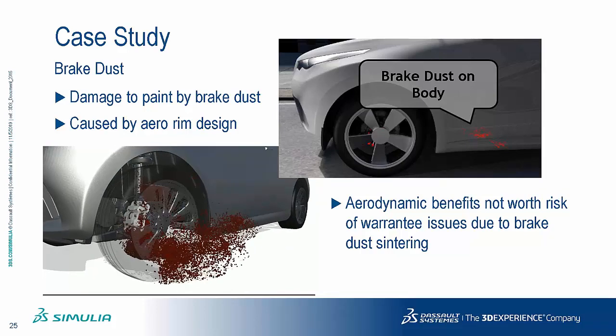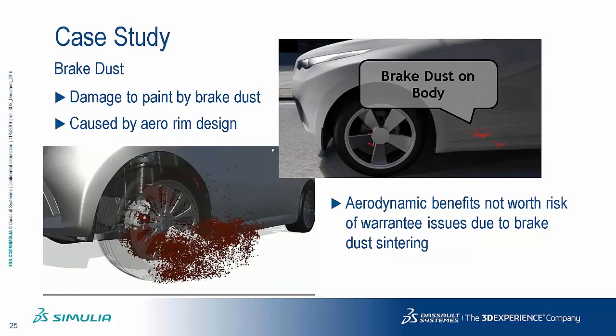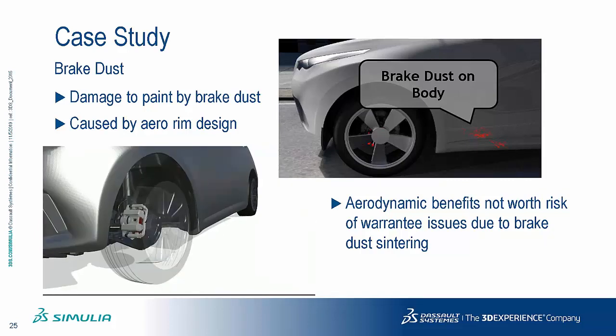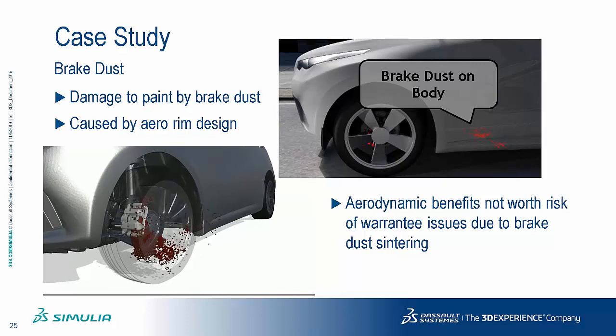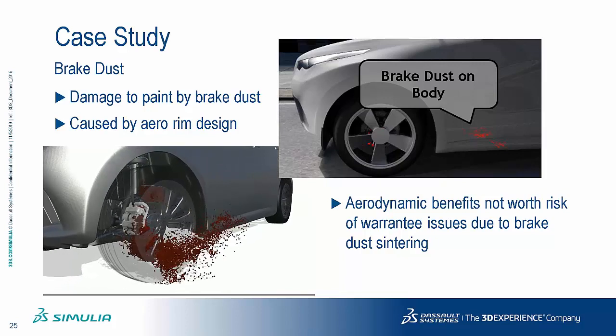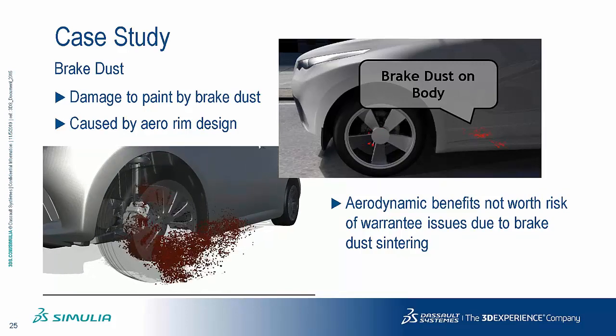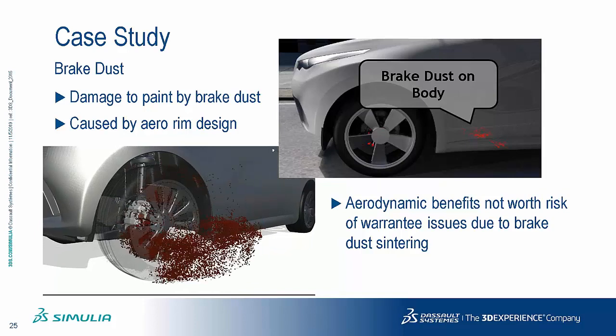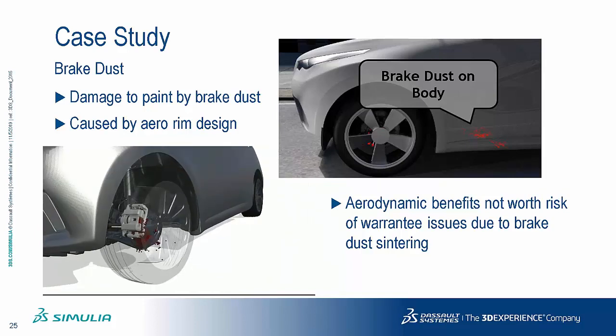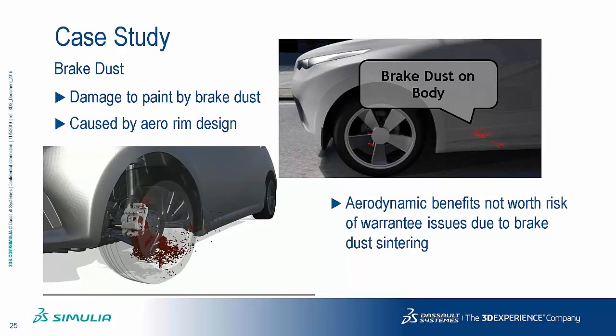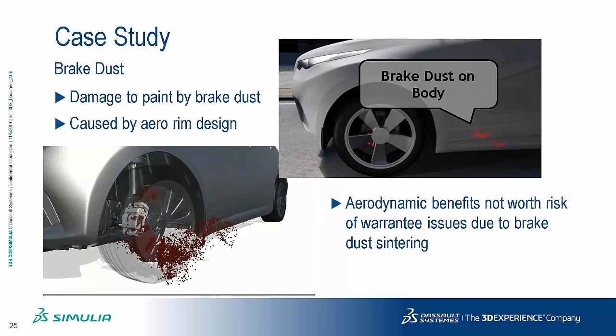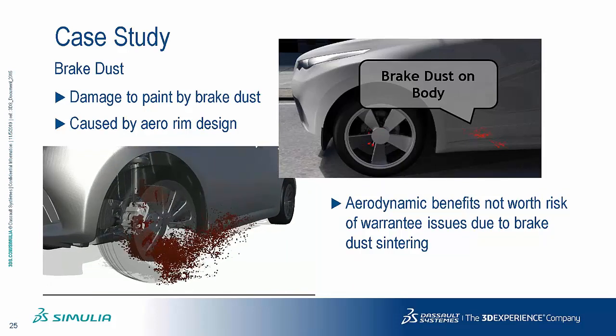You can also rank different wheel designs. So you could have different hubs and spokes and look at which ones will give you better performance regarding cleaning. So again, this is really difficult to clean off the vehicle, and it requires scrubbing. So customers sometimes will complain about that.